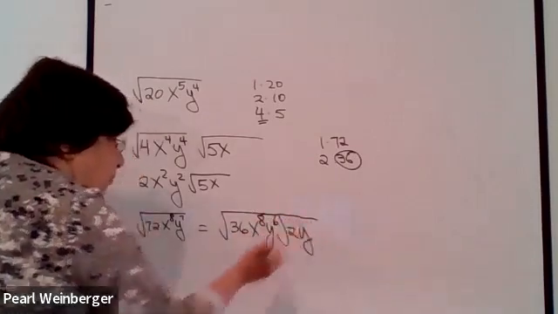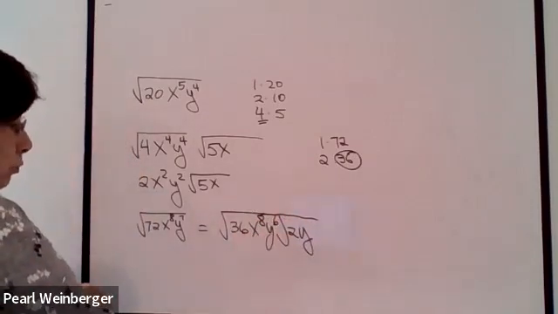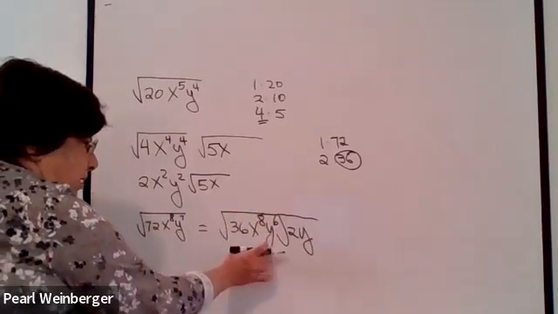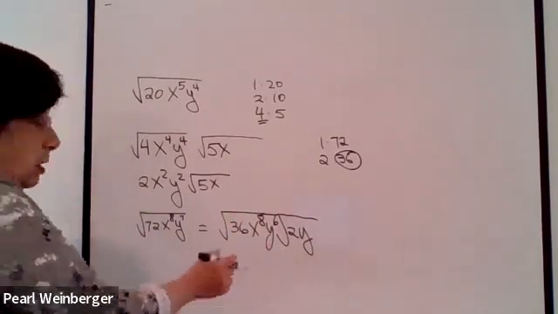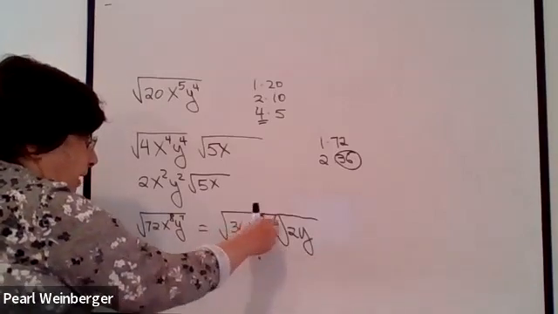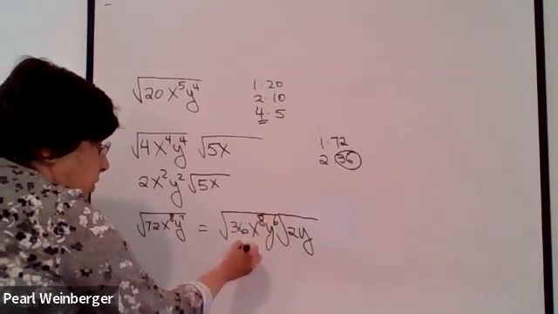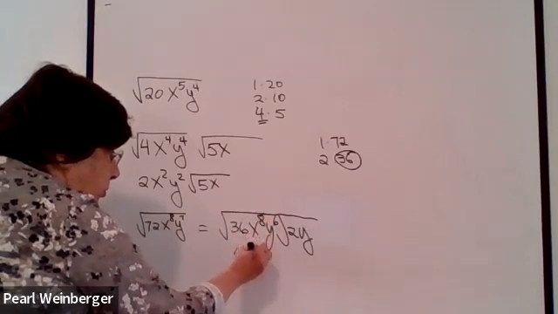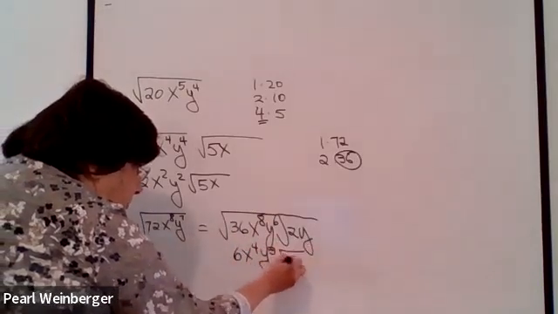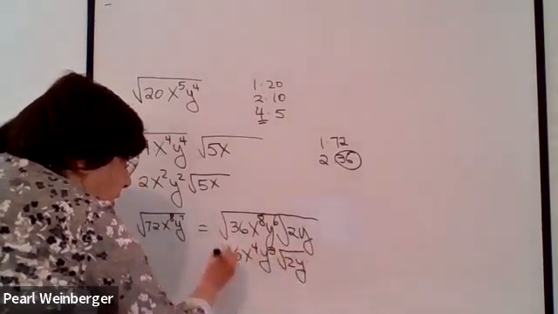And in my second radical, I'll get just a plain y. And now I can take the square root of everything that's in my first radical. Square root of 36 is 6. Remember, the exponents you're dividing by 2. So it's x to the fourth, y to the third, and then we have radical 2y.